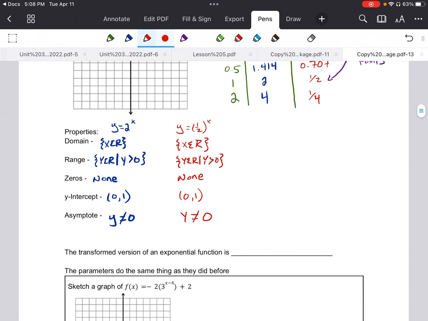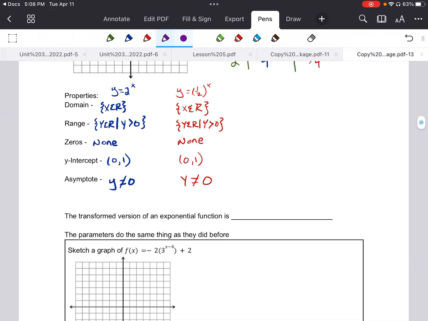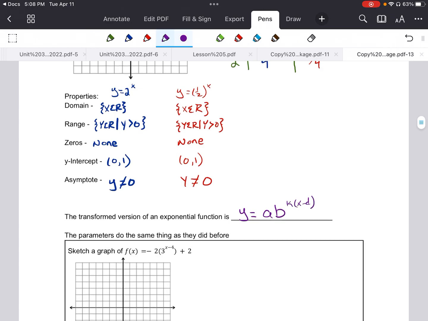The transformed version of an exponential function is y equals a times b to the power of k(x minus d), plus c. Remember this from a couple units ago. We can use this information with the mapping rule.